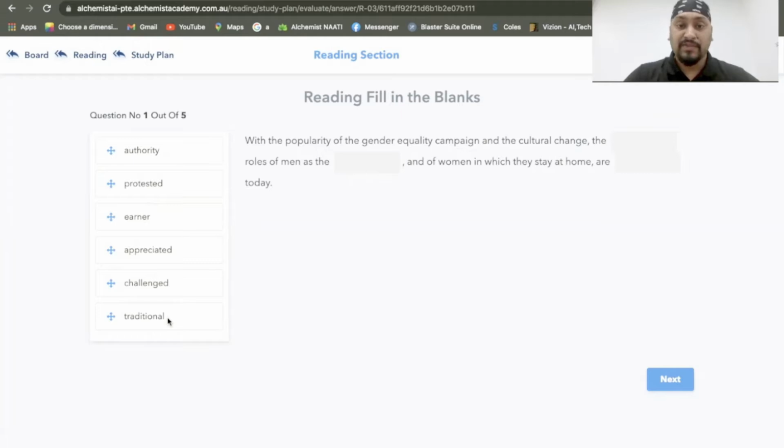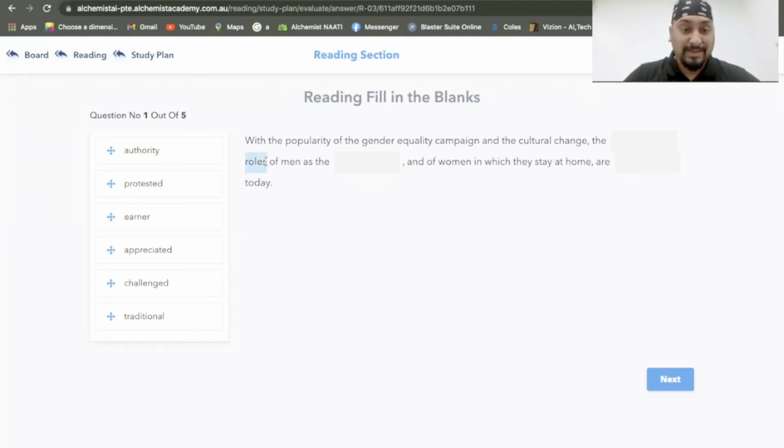With the popularity of gender equality campaign and cultural change, the dash roles of men and women, the dash roles of men. So if you look at this part over here, the dash, after this, you should have a noun because the determiner is always followed by a noun. But in this case, you already have roles.